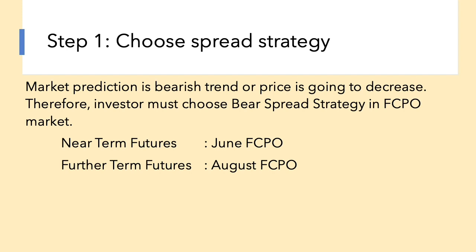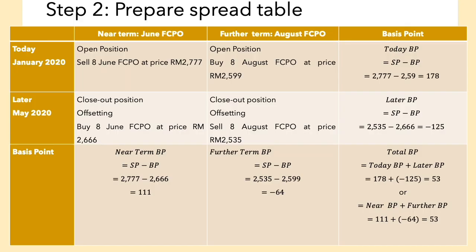Then you need to identify your near-term futures and further-term futures. You plan to use the June FCPO contract and the August FCPO contract. So the June FCPO contract is the near-term futures because it has a shorter maturity period compared to the August FCPO, which we consider the further-term futures because it has a longer maturity period.